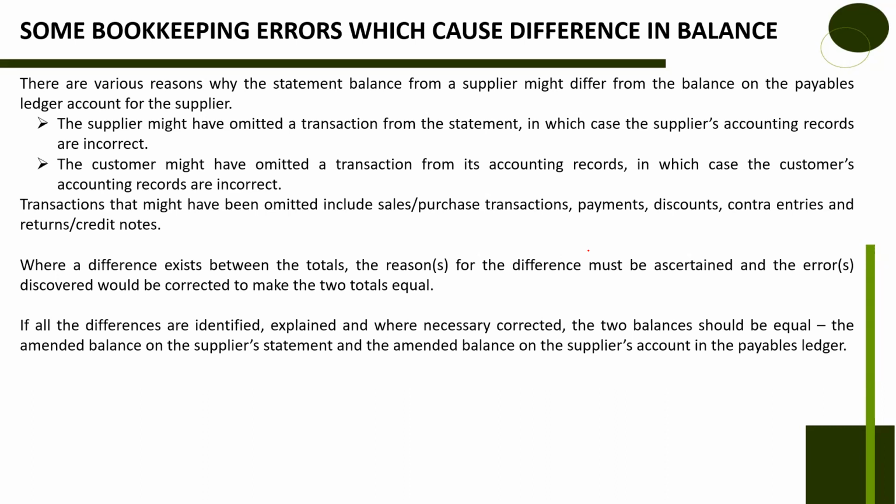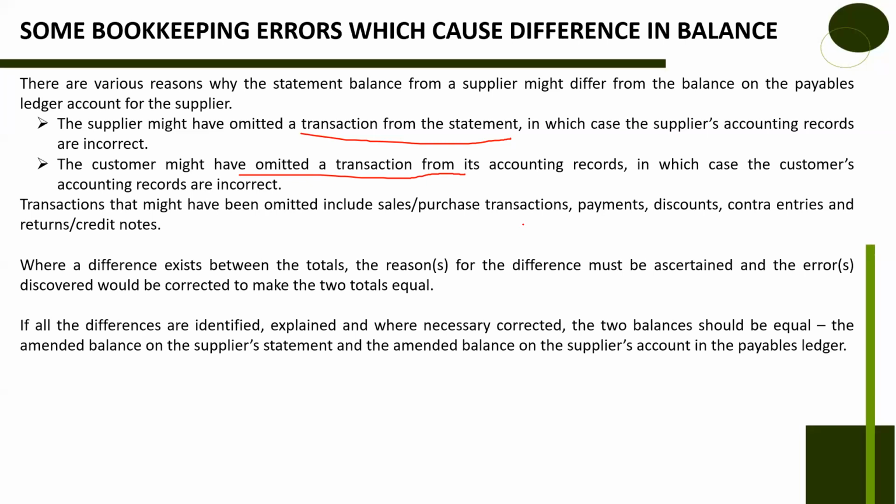Sometimes the supplier might have omitted a transaction from the statement, and sometimes the customer might have also omitted a transaction. It can be sales, purchases, or discounts that they omitted, or contra entries.